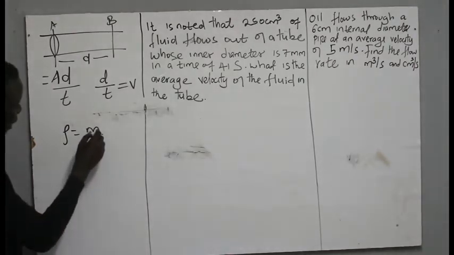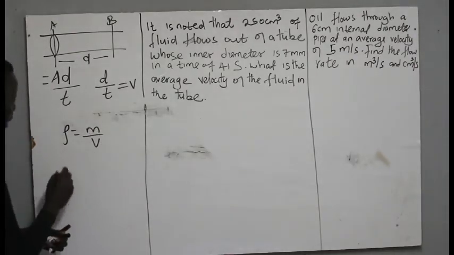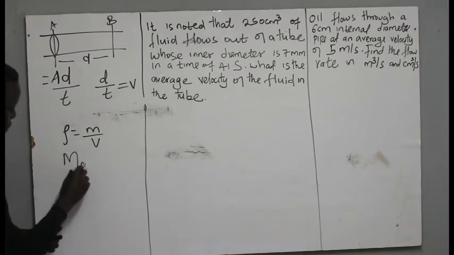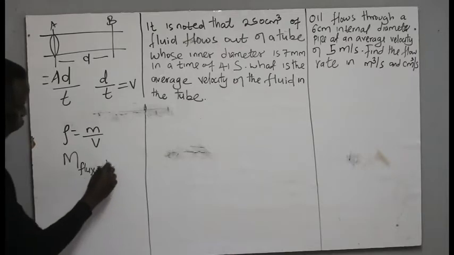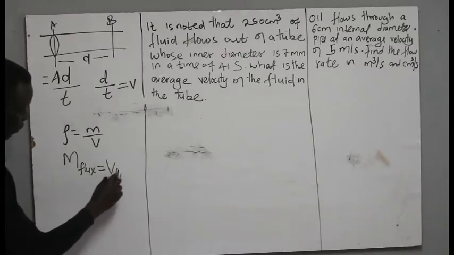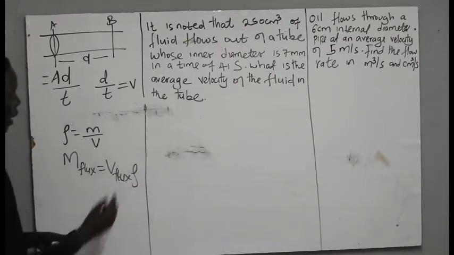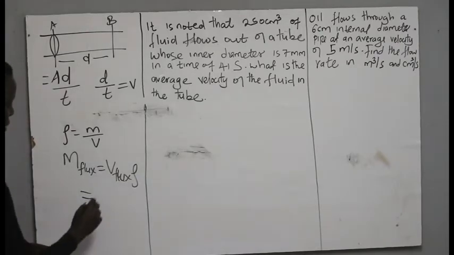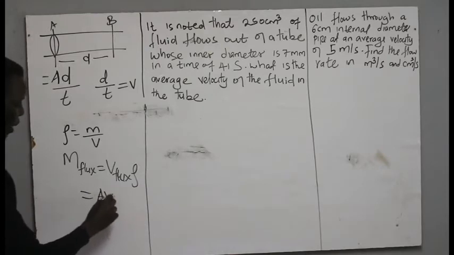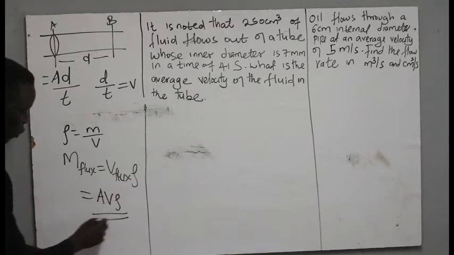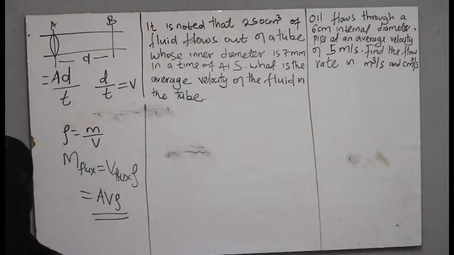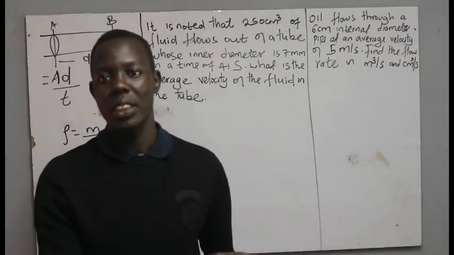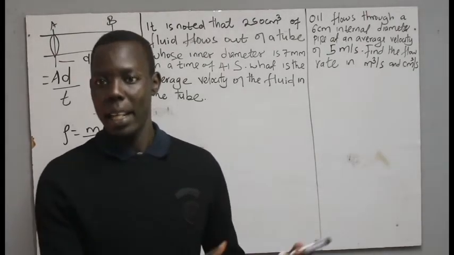So mass flux would be given by volume flux times the density. And we know very well that volume flux is AV, times the density. So if you want to get the mass flux, you simply multiply the volume flux with the density of that fluid or liquid.